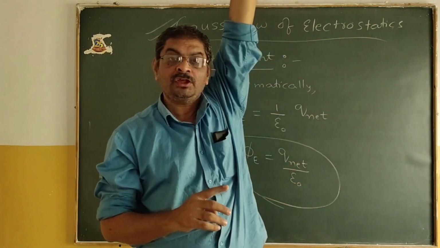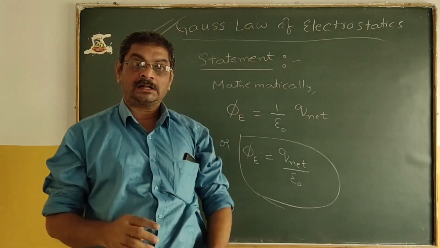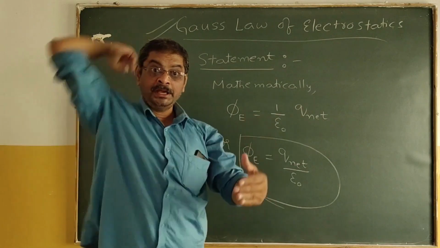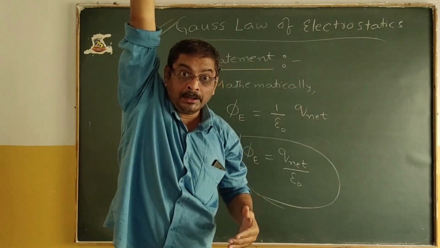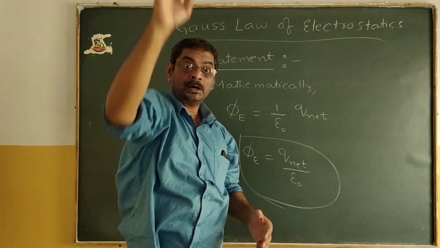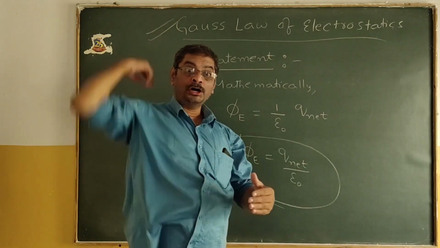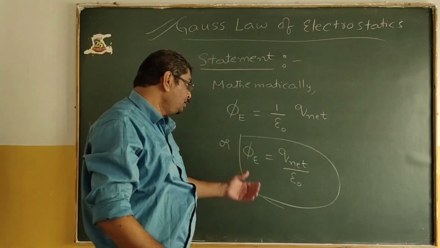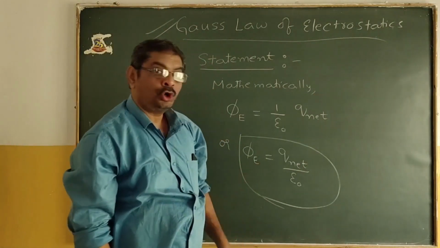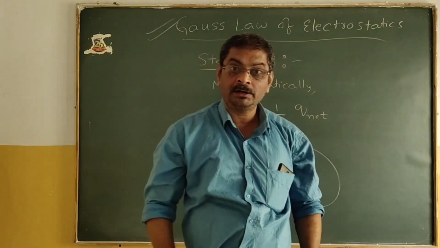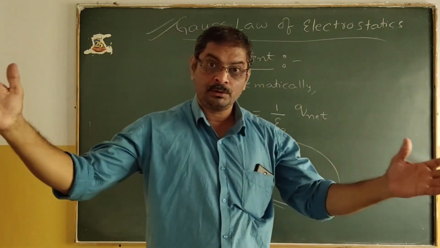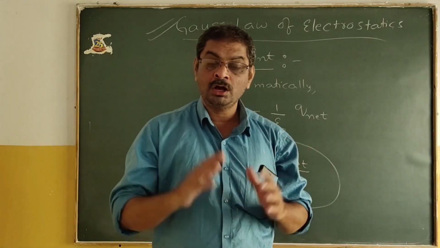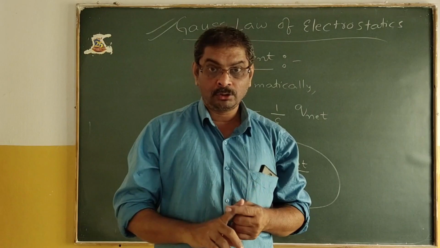So mathematically, I can write phi E will be numerically equal to 1 by epsilon naught into q net, or phi E equals q net divided by epsilon naught. That is what we call the Gauss law of electrostatics.